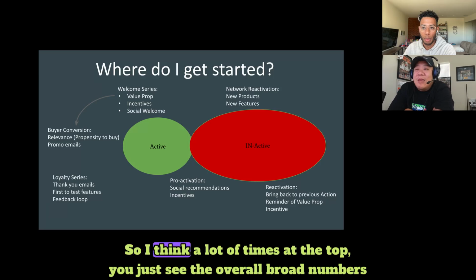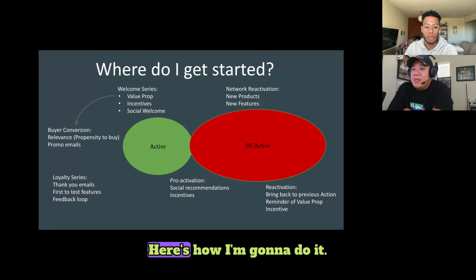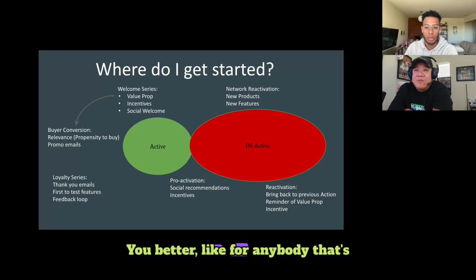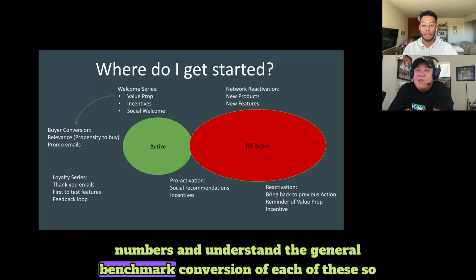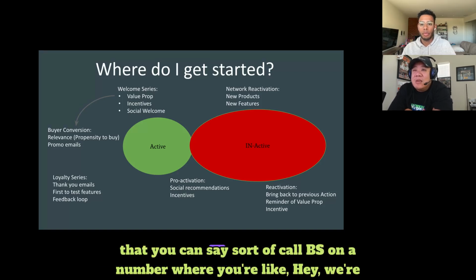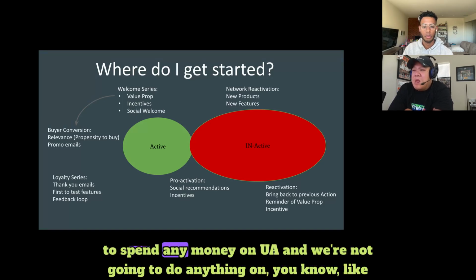So I think a lot of times, at the top, you just see the overall broad numbers, and you're like, hey, I'm going to double my active user base this quarter, and here's how I'm going to do it. For anybody that's in a PM or head of marketing role, you better know these numbers and understand the general benchmark conversion of each of these, so that you can call BS on a number where they say, hey, we're gonna double our user base, but we're not gonna spend any money on UA.